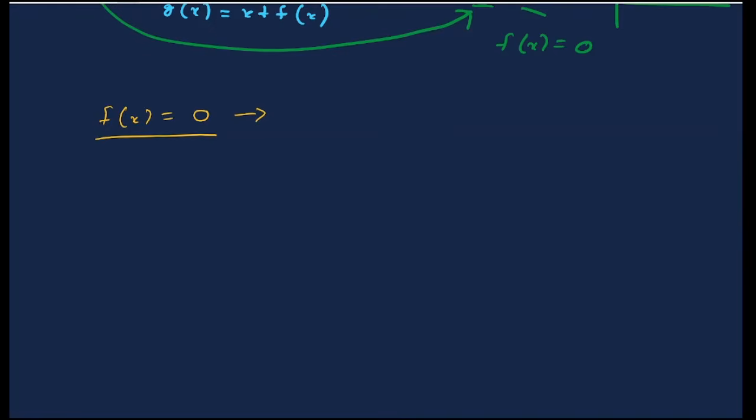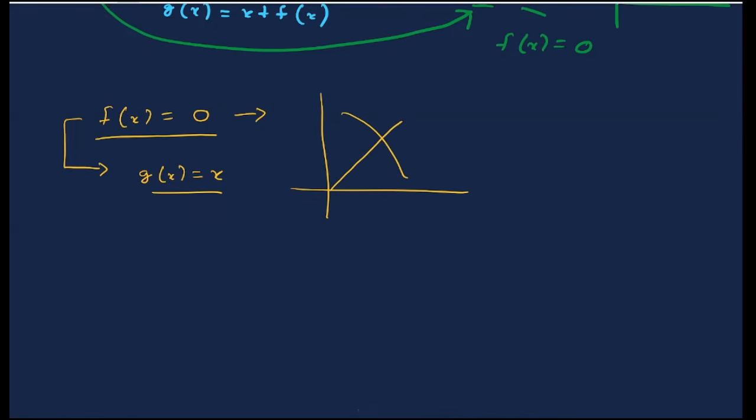Now we have seen that this function can also be rewritten in this format. That will mean if we can find the intersecting point of these two functions, g(x) and y = x, that is also a root of f(x). So now, using the fixed point iteration method, our goal is to find this intersecting point of g(x) and x.